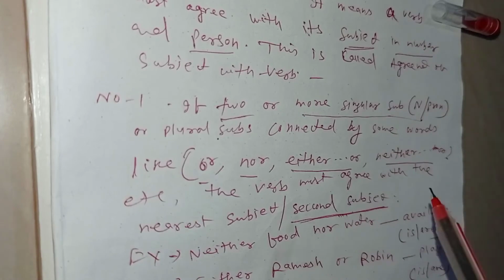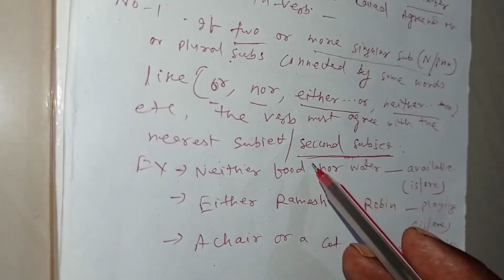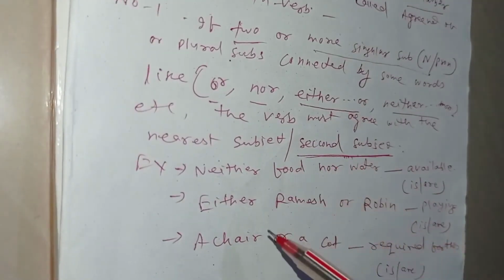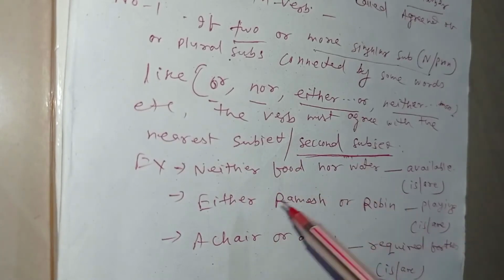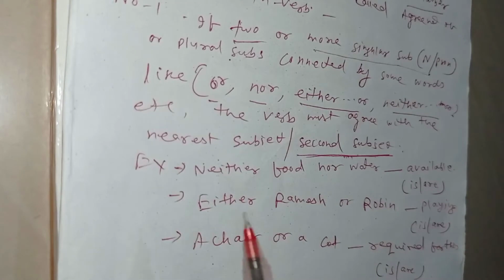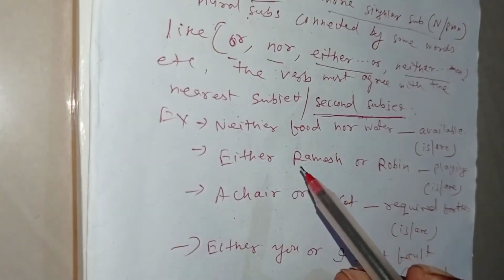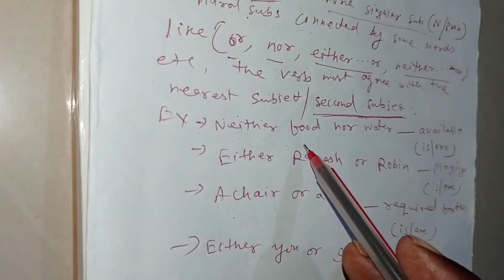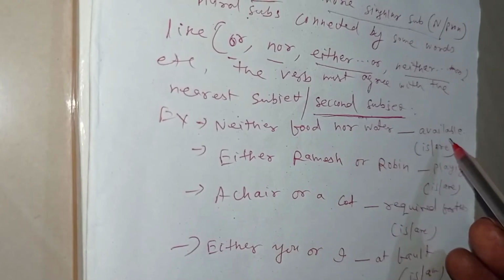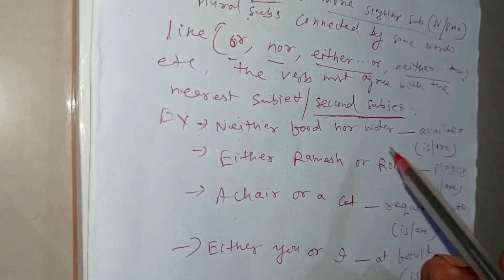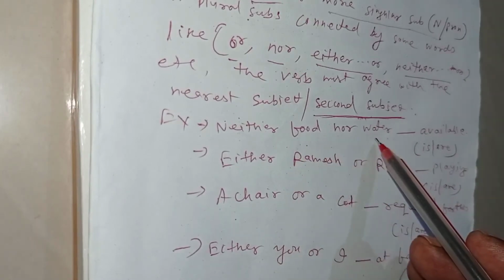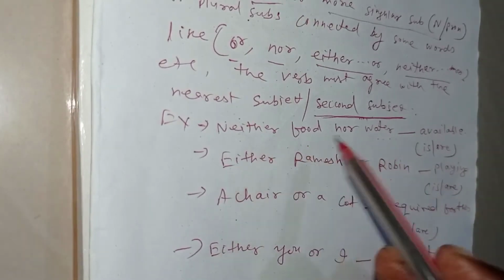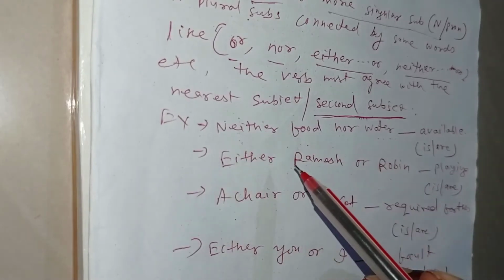So to clear all the things, I am going to give you some examples. You should remember, and you look at the sentences. Neither food nor water dash available. Here you see, food and water, these are two singular nouns, but they are connected by neither nor.